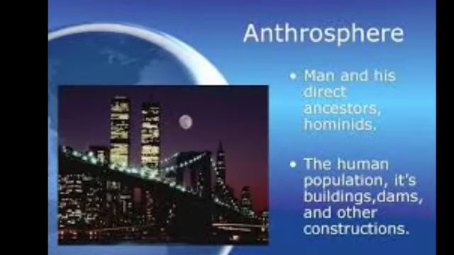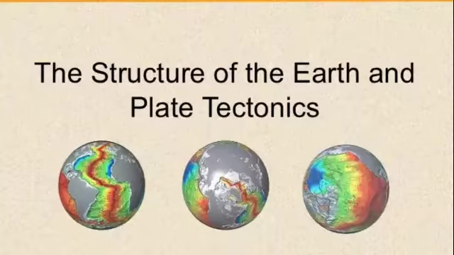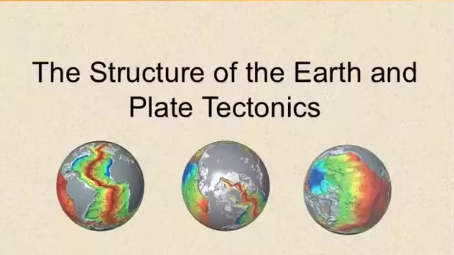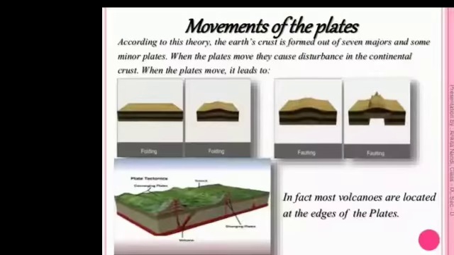Although it is a solid, it can flow like a liquid. Radioactive decay in the interior of the earth produces heat and pressure which rise to the surface and tear the crust into large pieces called tectonic plates.